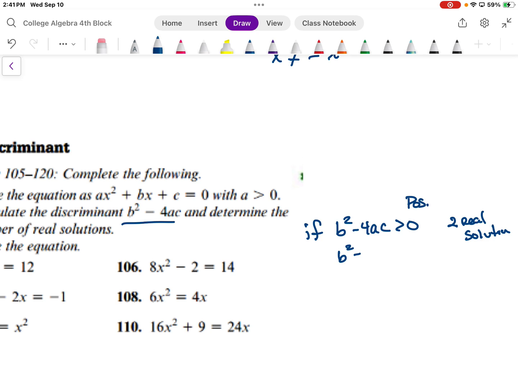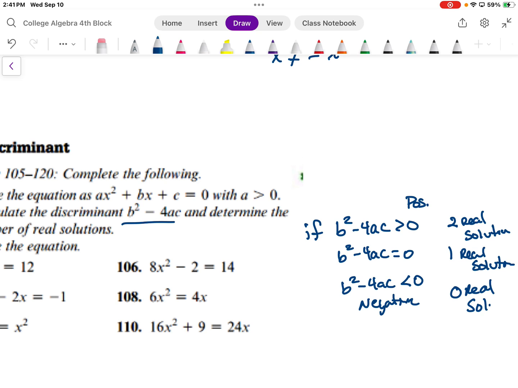If b squared minus 4ac equals 0, one real solution. If b squared minus 4ac is less than 0, so it's negative, 0 real solutions. So that would be the case that means i is happening as you solve for stuff. i is taking place. Okay?